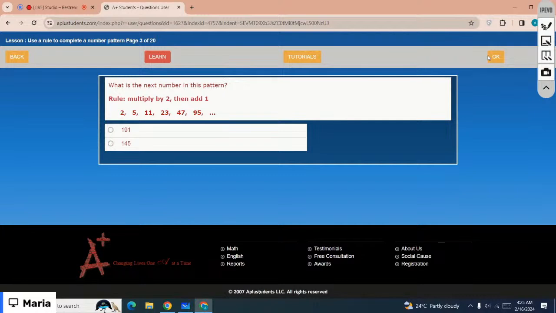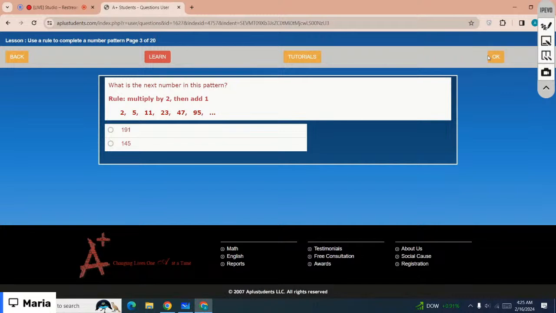The next one is, what is the next number in the pattern? The rule is multiply by 2, then add 1. So you have to multiply 95 times 2. You need to do 95 times 2, and then you have to add 1.